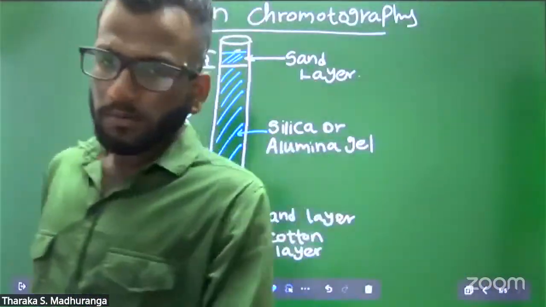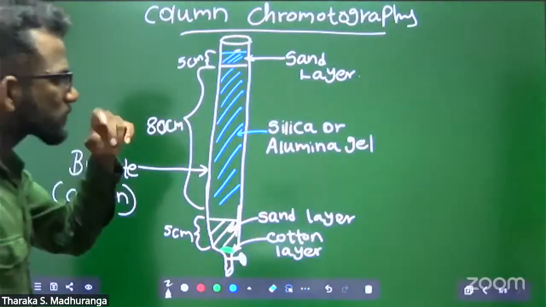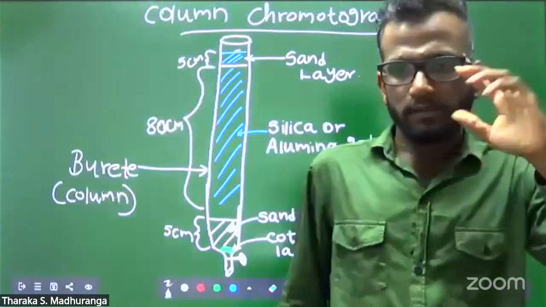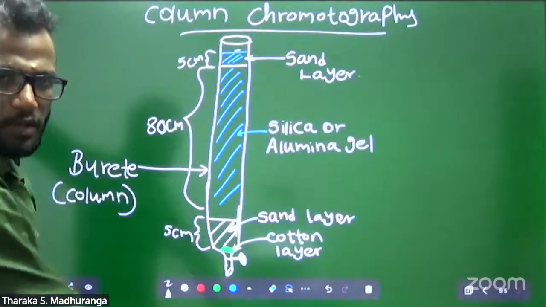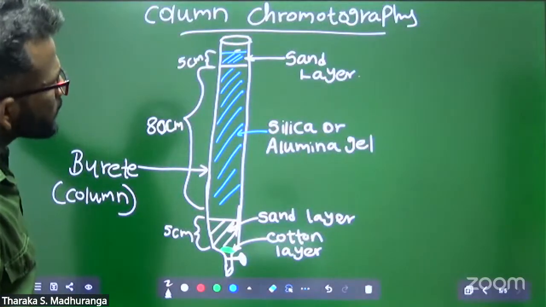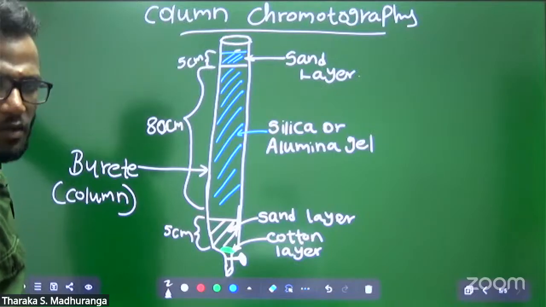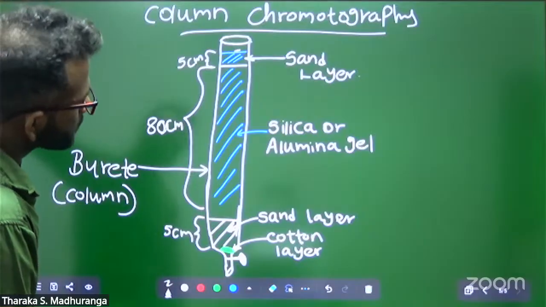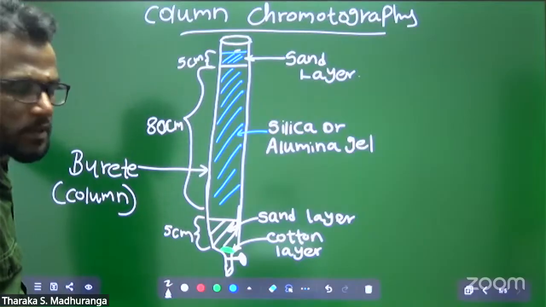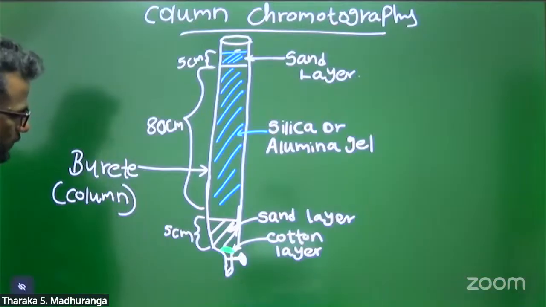Okay, now understand the final part. Now, after preparing this column, actually, I told you this is not an identification method. Actually, this is a separation method only. That's why I told you like this.